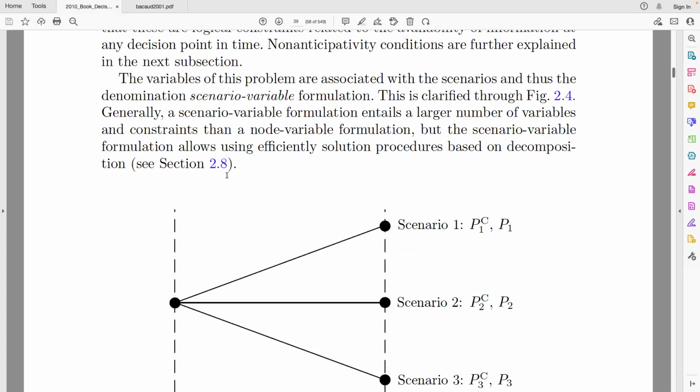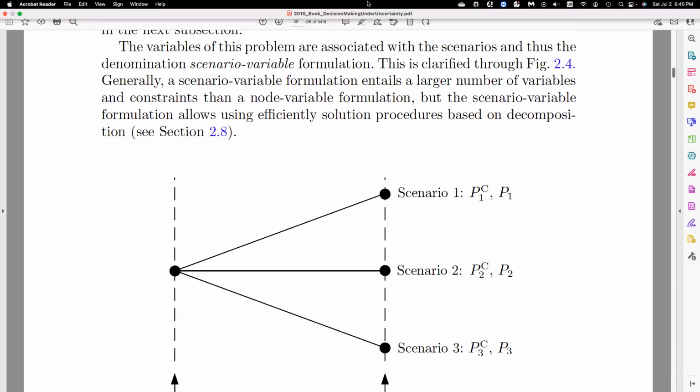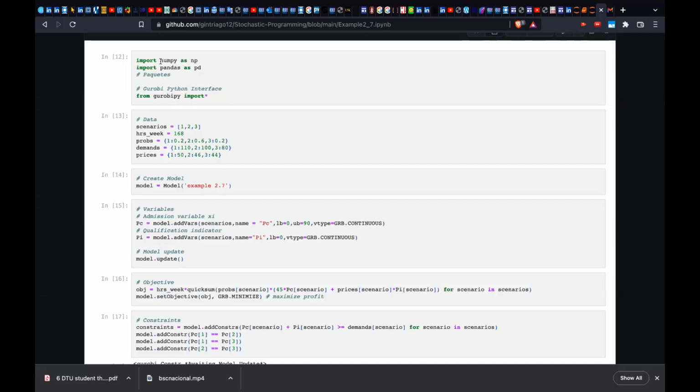All right, now let's switch to the code. I have the code over here. Let me share my screen. So again, we're going to use Notebook, Python, and Gurobi.